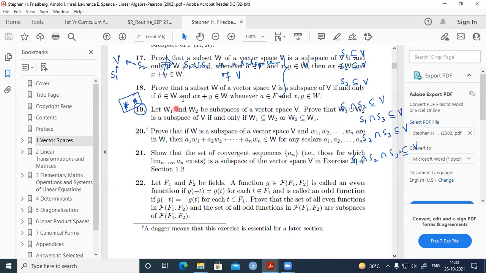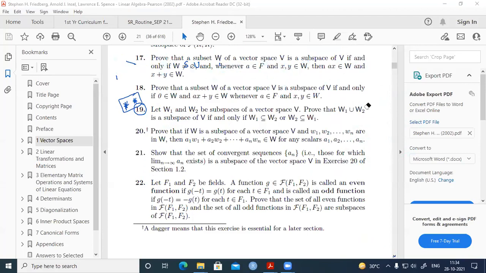The condition is, if V is a vector space and W1 and W2 are two subspaces of the vector space, then W1 union W2 will become a subspace of the vector space if one is contained in the other.